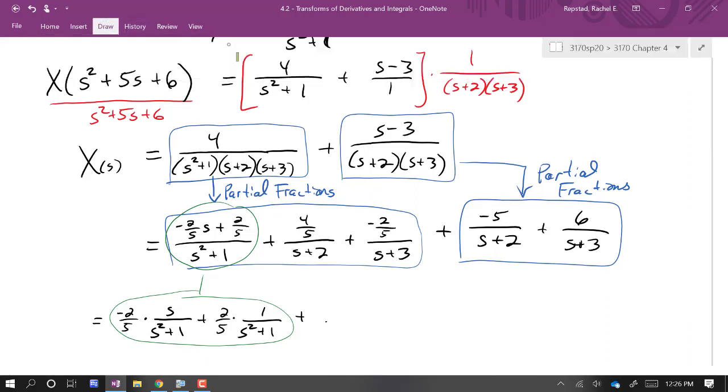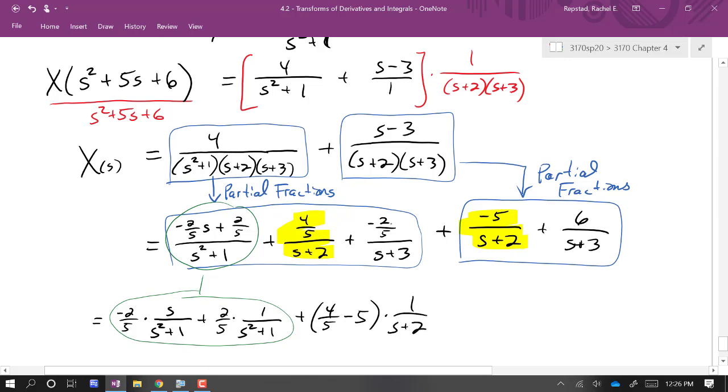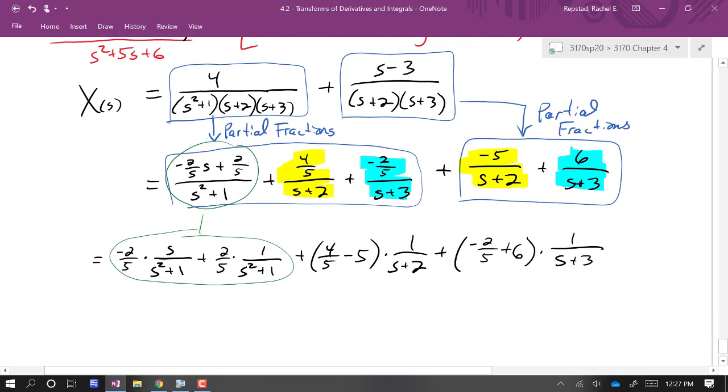Oh, we have some like fractions here. I've got this and this, right? Those are both common denominator. So I've got 4/5 minus 5 times 1 over s plus 2. And then I have another pair of common denominators here, the s plus 3. So there's negative 2/5 plus 6. Okay, going to clean this up a little bit.